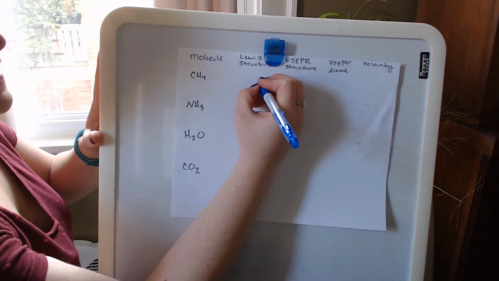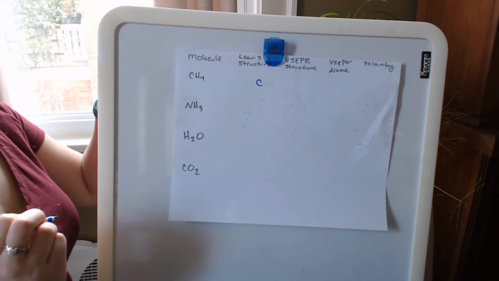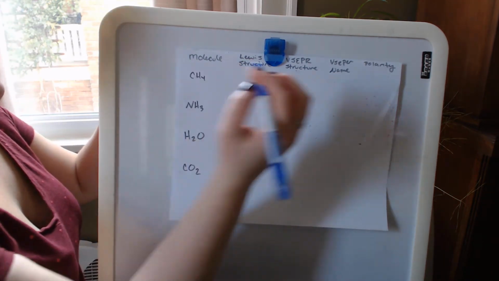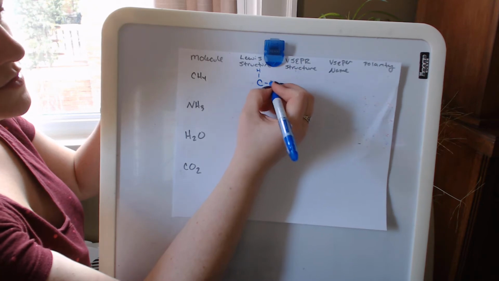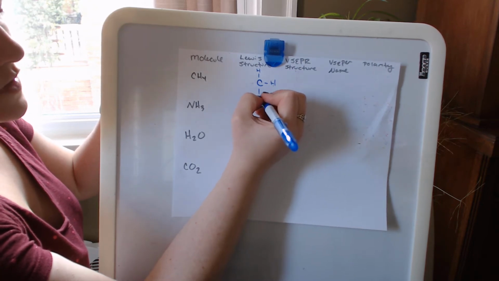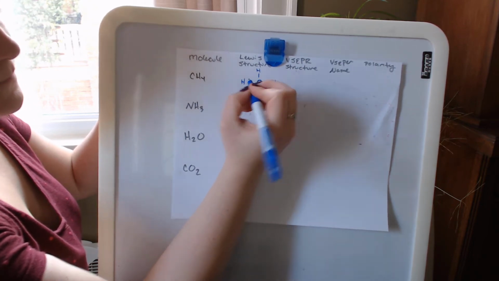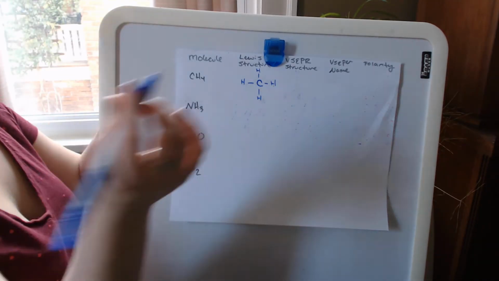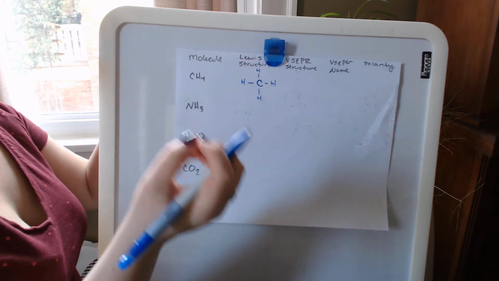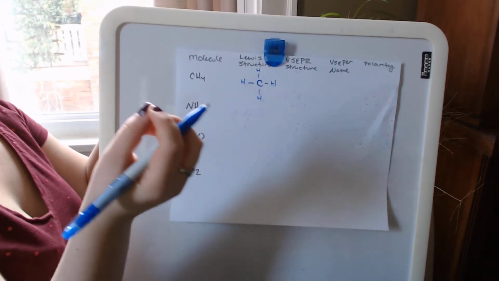So carbon here is going in the center, and then we have 4 hydrogens, 1, 2, 3, 4.